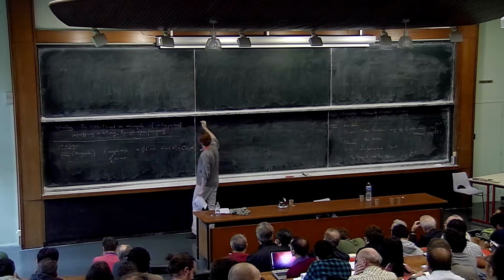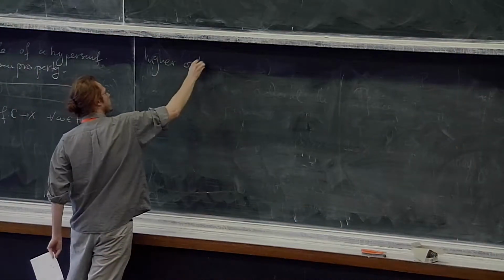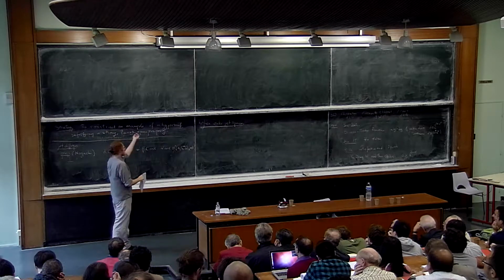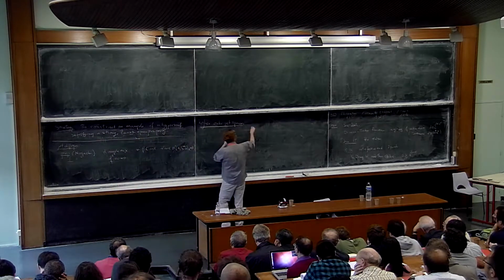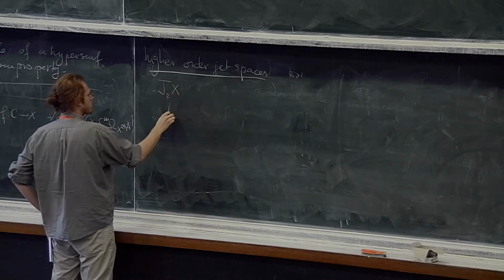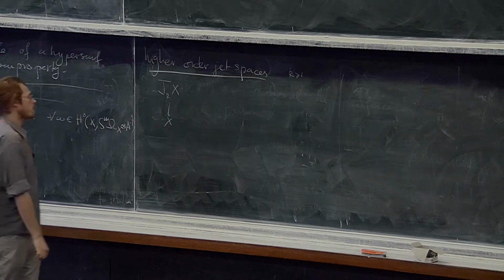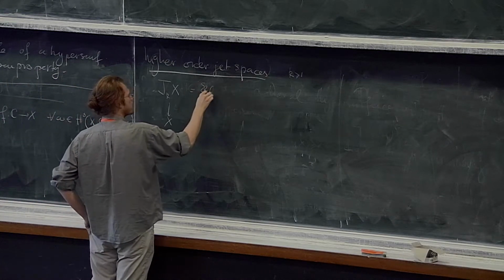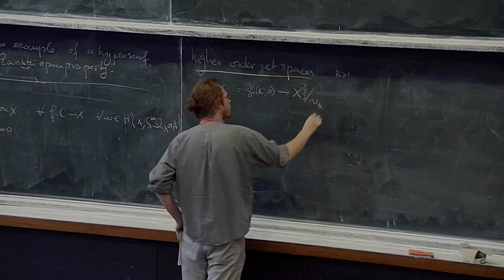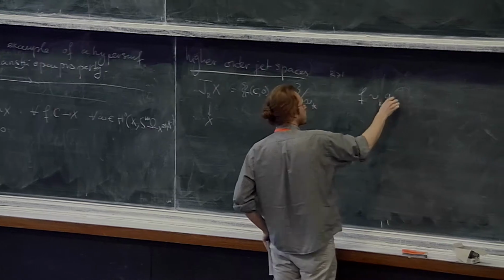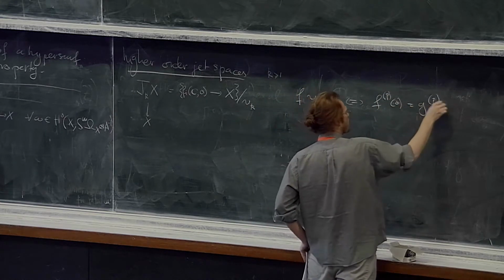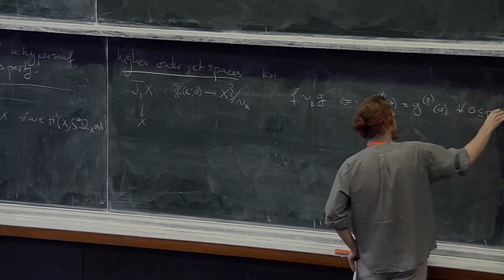And so I will just recall what the higher order jet spaces are. So for any k bigger than or equal to 1, you can construct the jet space of order k of X, which will just be, as a set, the set of all k-jets of germs of functions from C into X, where I say that f is equivalent to g if f^(p)(0) is equal to g^(p)(0) for any p between 0 and k.